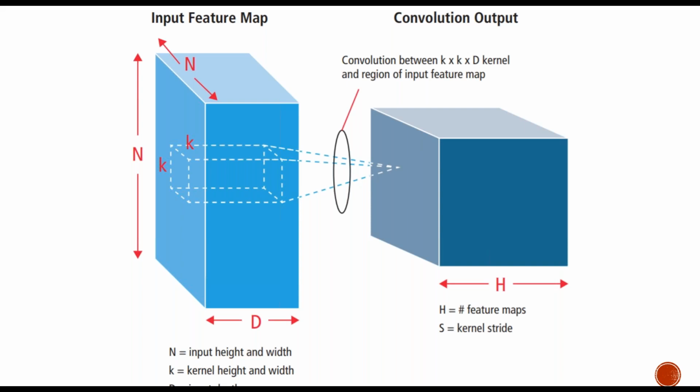The output layer will be n minus m plus 1 cross n minus m plus 1. So that many blocks, that many pixels will be there, and it will be connecting to the matrix.